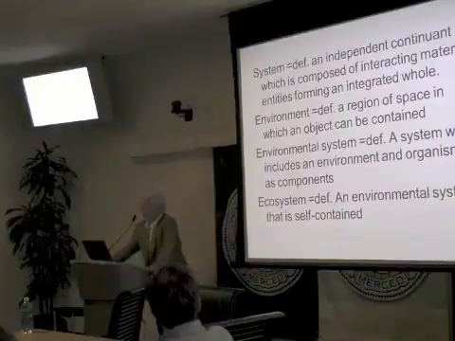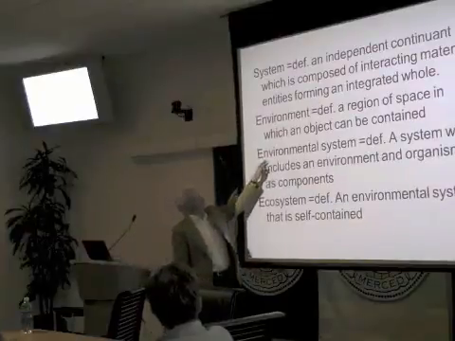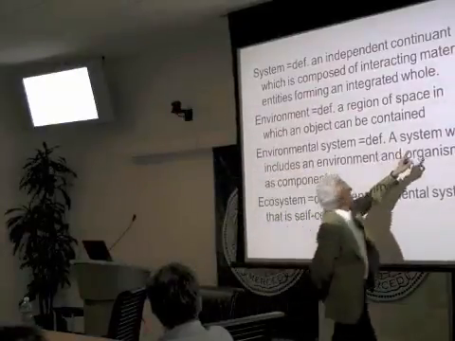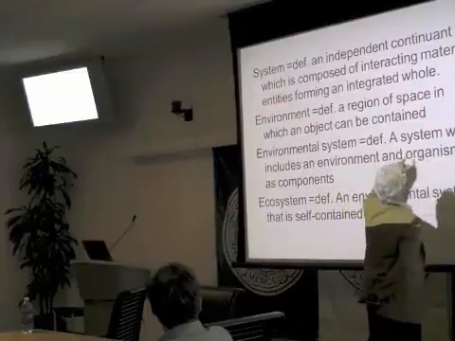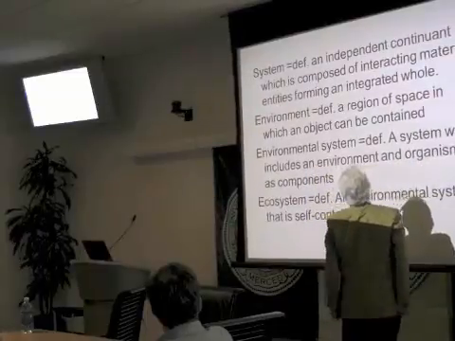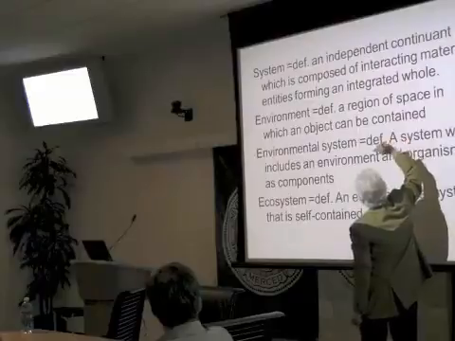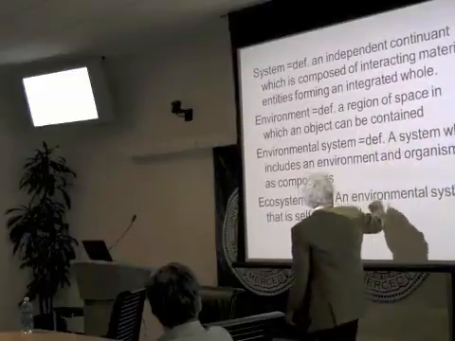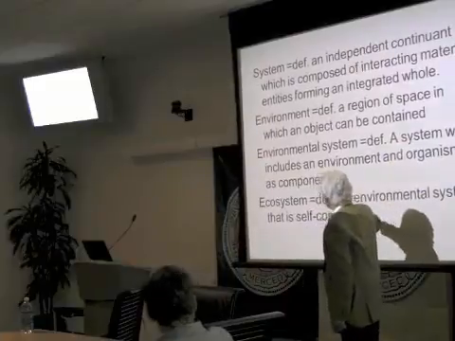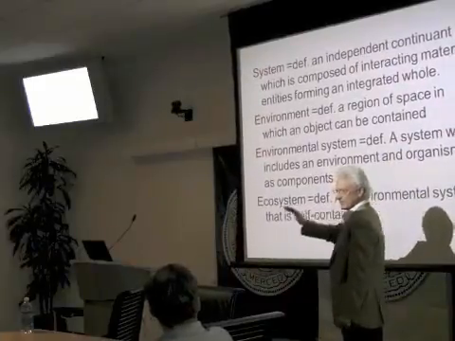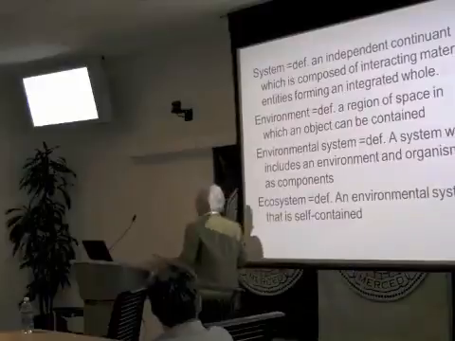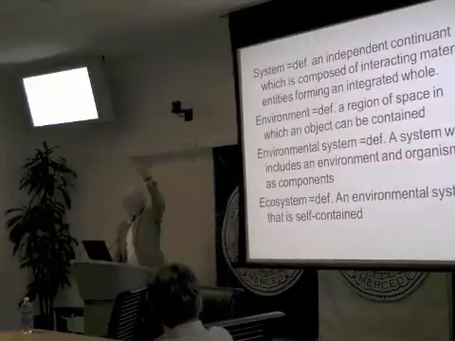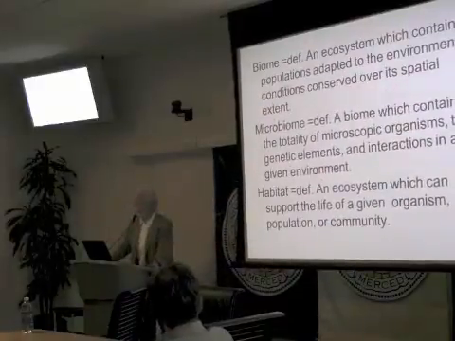And now, environmental systems are things like that. We define an environmental system as a system which includes an environment and organisms as components. And an environment is a region of space in which an organism can be contained, and an ecosystem is an environmental system that is self-contained. This is just a proposal, but it will give you some idea of what's involved in fixing the top level of the Environment Ontology.